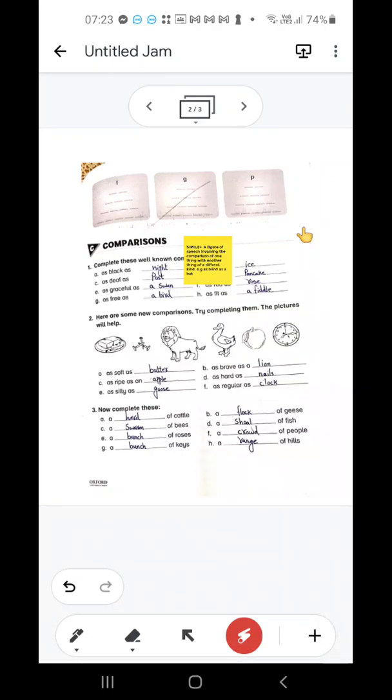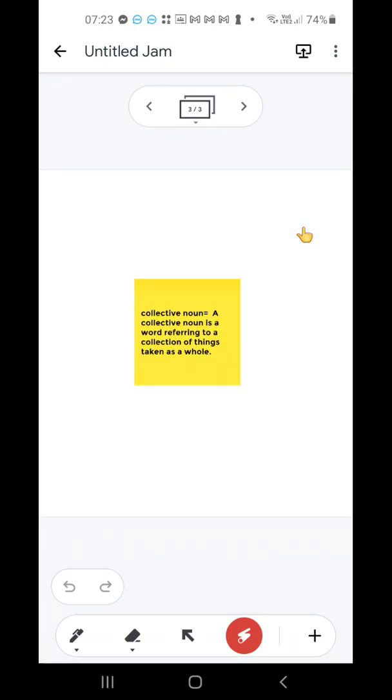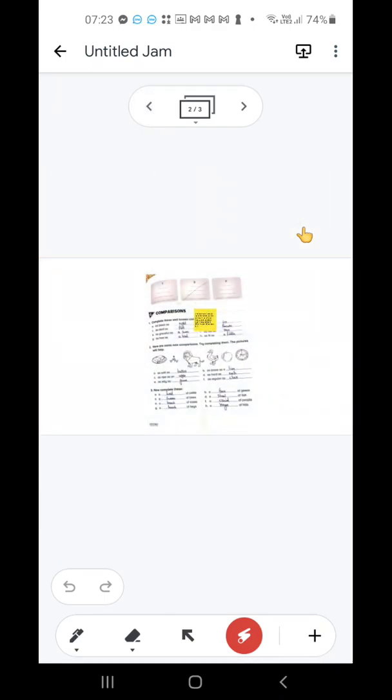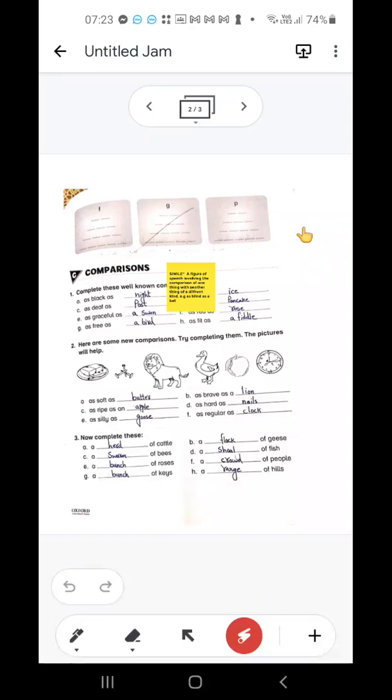I hope you have understood all 3 important activities that we discussed today. One was present participle, then we discussed simile, then we talked about collective noun. Okay, students, this definition of collective noun and this definition of simile, you need to write in your notebooks as well as in your workbooks here.